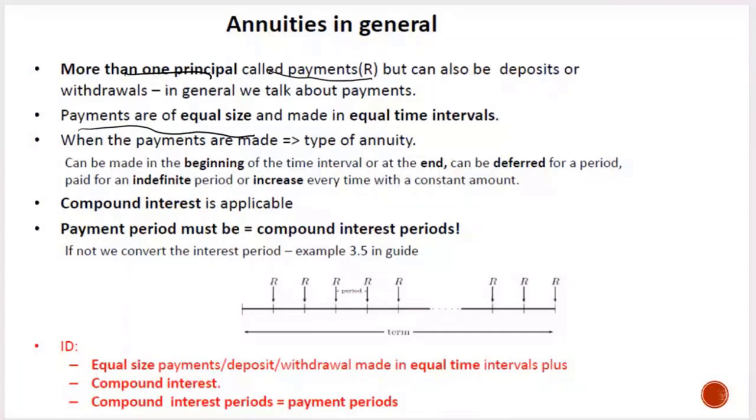And then what makes different kinds? There are different kinds of annuities. There is an ordinary annuity, an annuity due, a deferred annuity, and also a perpetuity annuity. You'll find perpetuity for people.